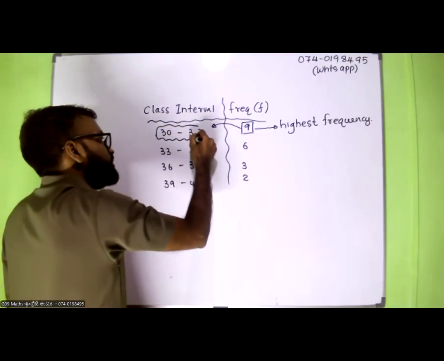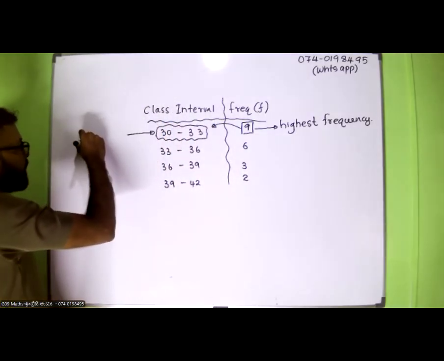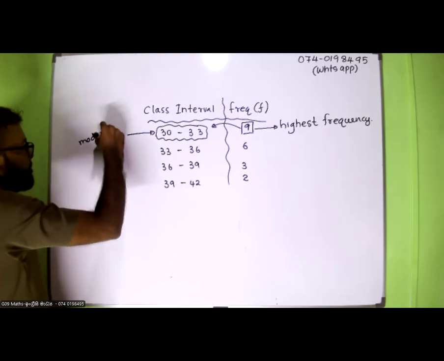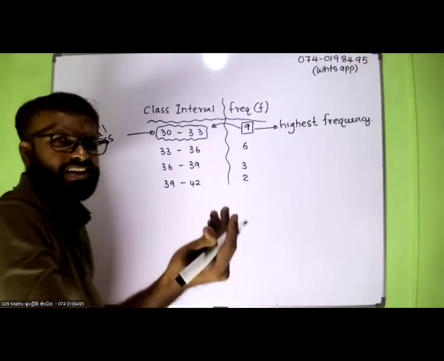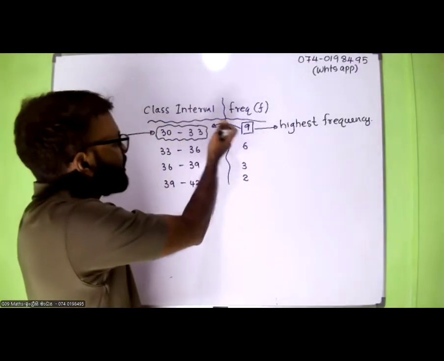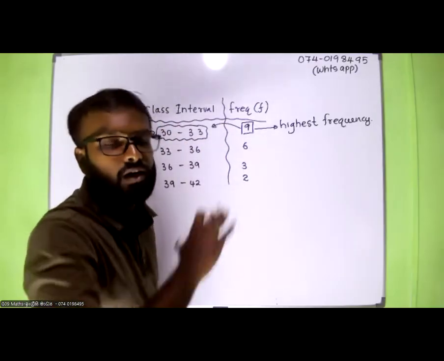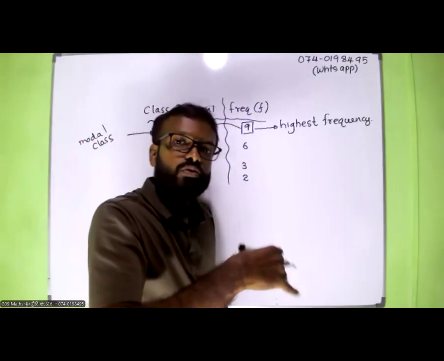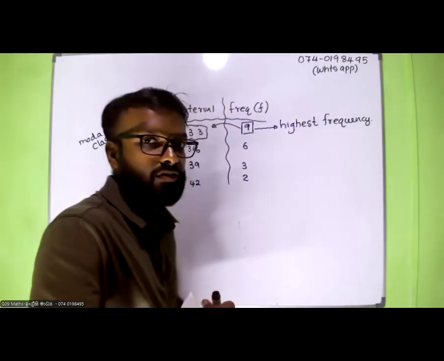So this is the model class, right? Very easily find the highest frequency, and in front of that you have the corresponding model class. Done. And median is also the same thing. Easy peasy. Very easy.